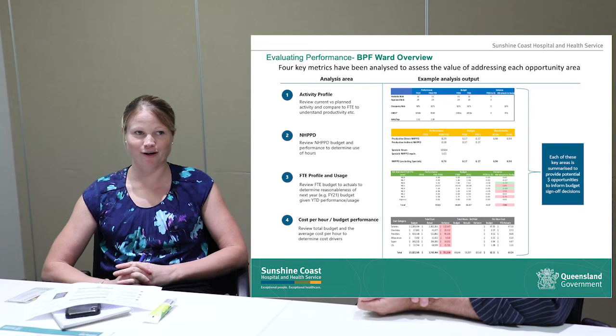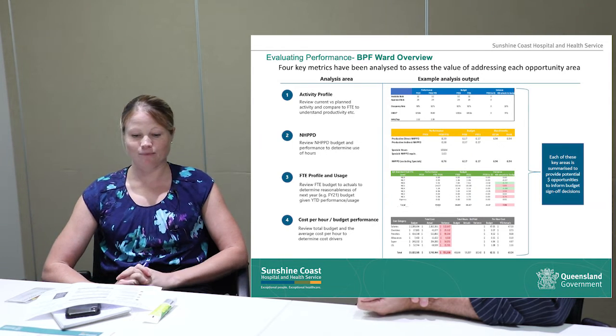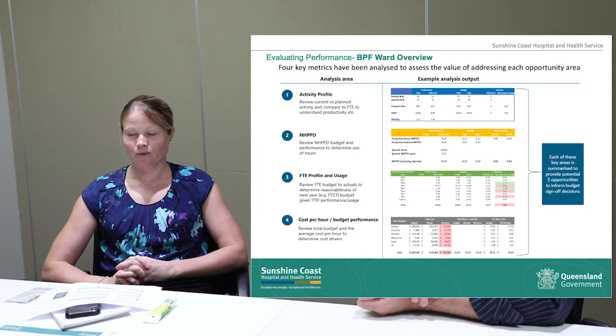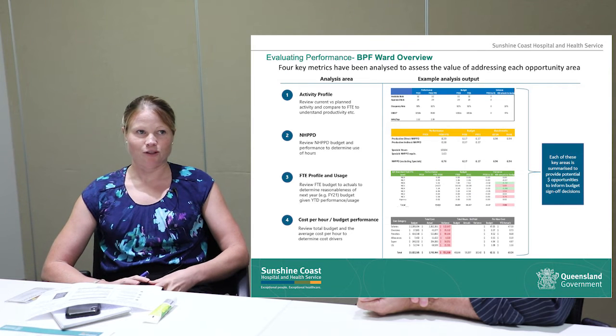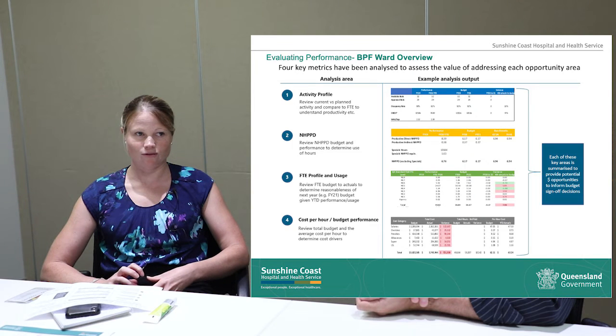And then the final component is the cost per hour. So that actually looks at how much it costs to run a ward per hour and compares that to what has actually been spent. Again, it may help identify some opportunities where we could optimise the use of resources.